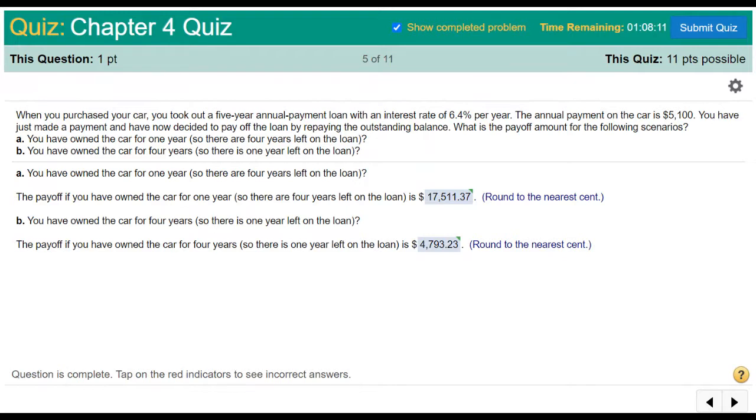In other words, how much do you owe to get rid of it? And that's your payoff. This is what they mean by that. You've had the car 4 years now, and there's a year left. How much is that payoff amount? That's what this is.